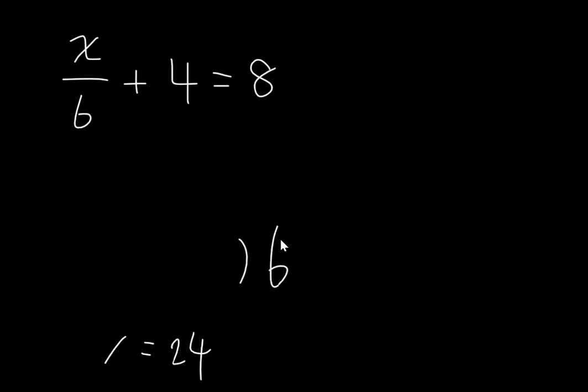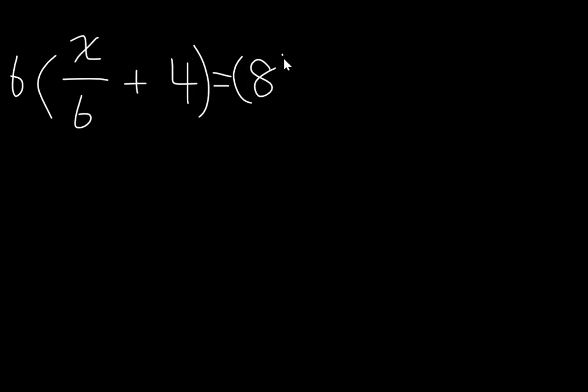However, if you were not to do it that way, and instead you multiplied both sides by 6 first, the 6 and 6 cancel out. But you also need to multiply it by the 4 because it's also on this side of the equation. 6 times 4 is 24.